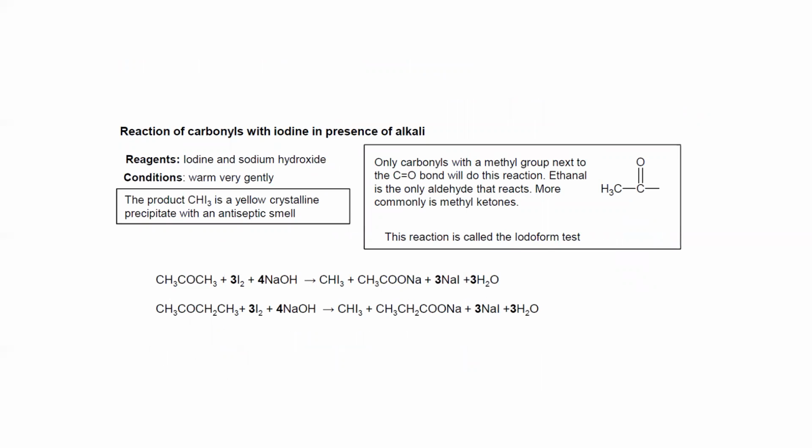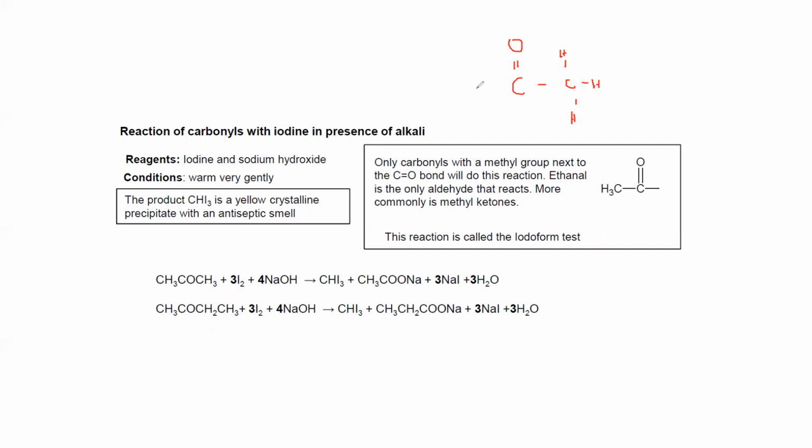Then the reaction of carbonyl with iodine in the presence of alkali. This is also known as the triiodomethane reaction. This reaction is used to test if there is a methyl group next to the carbonyl group. If there is a methyl group next to the carbonyl, then this will be a positive test.